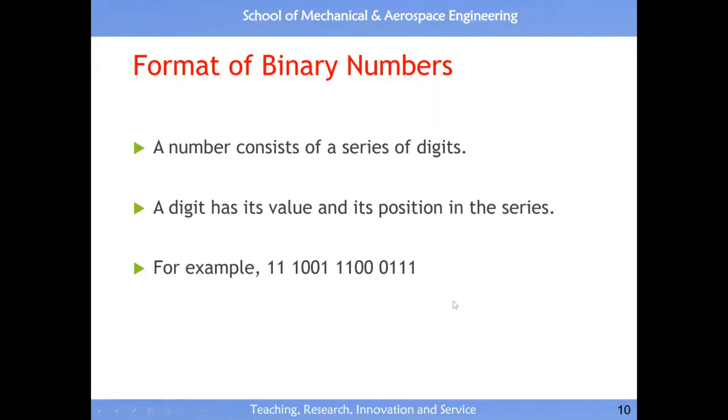For example, we have a series of digits like this: 1110011, 11000111. By convention, the digit on the left-hand side has a smaller value than the digit on the right-hand side.